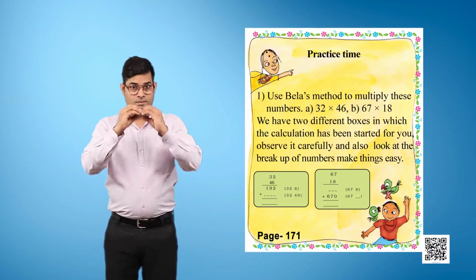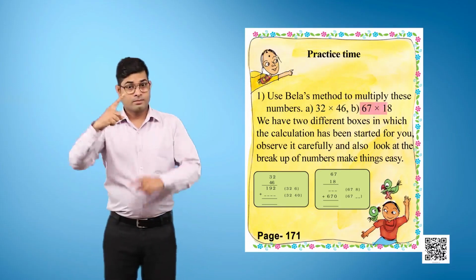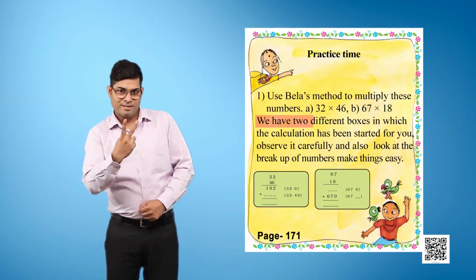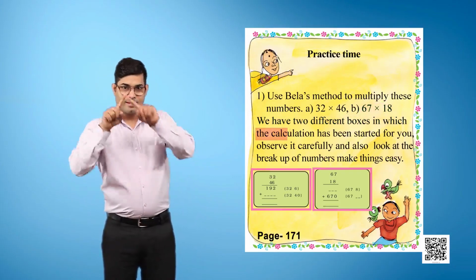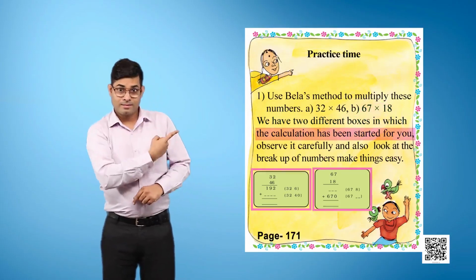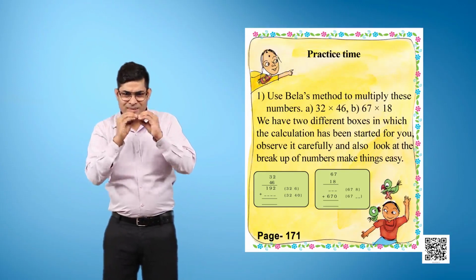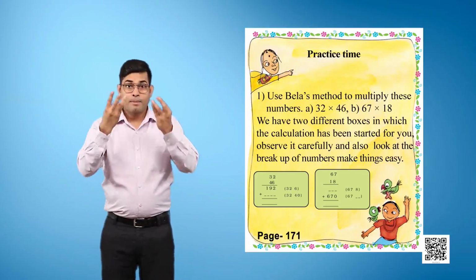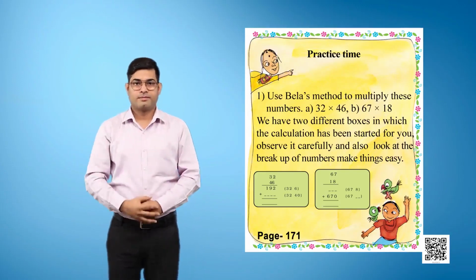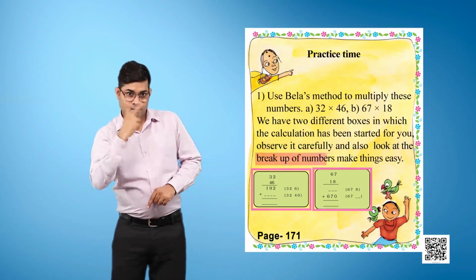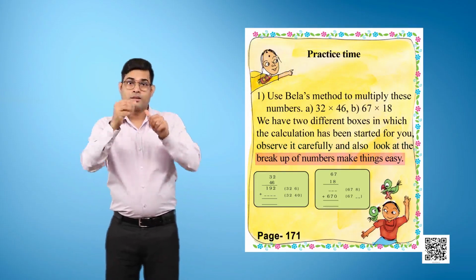B. 67 by 18. We have two different boxes in which the calculation has been started for you. Observe it carefully and also look at the breakup of numbers to make things easy.